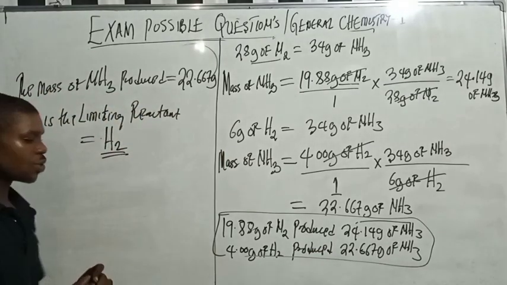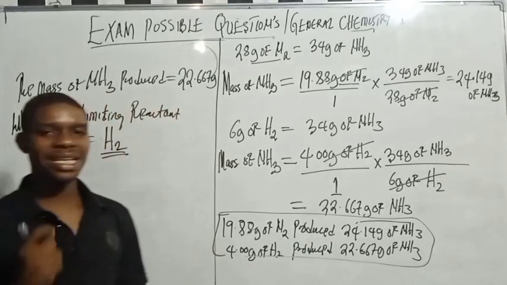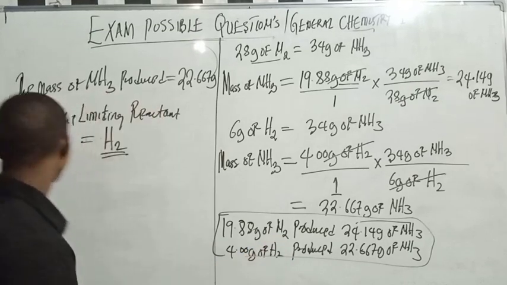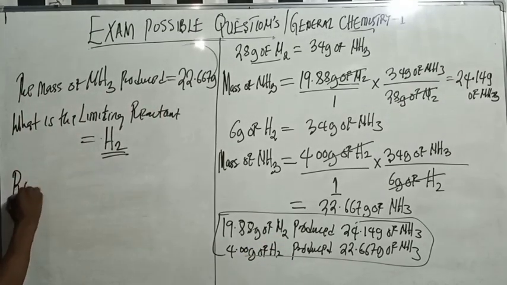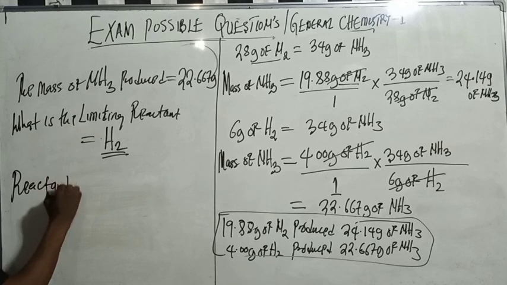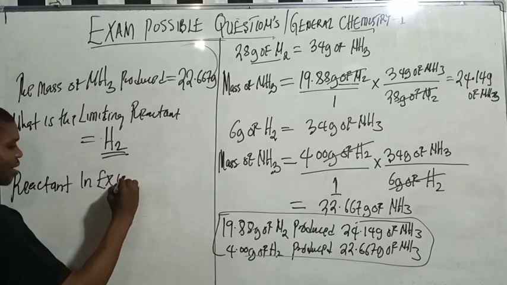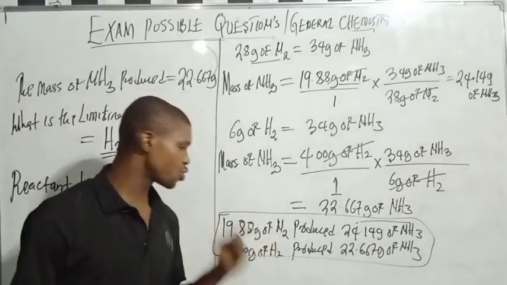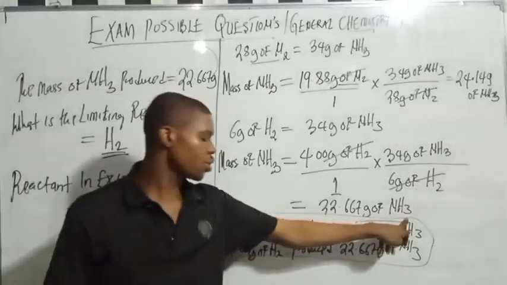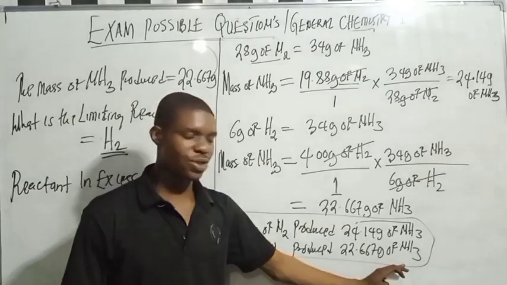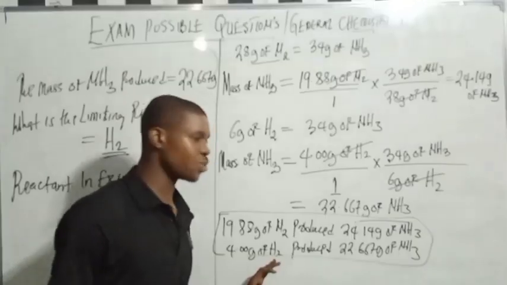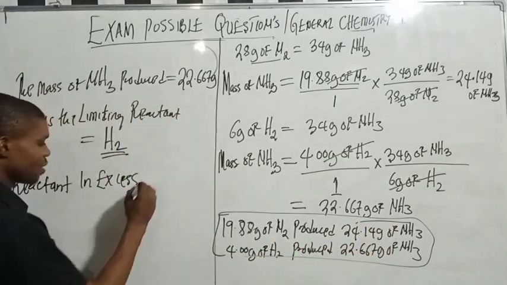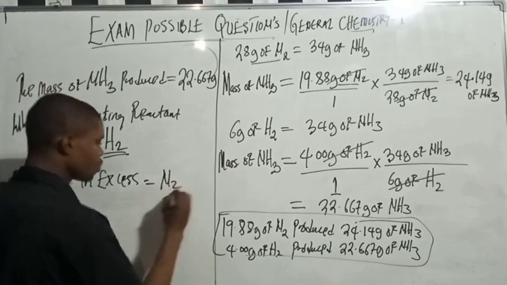Then the reactant in excess is the one that will produce the highest amount of the product. So N2 produces the highest amount of the product, H2 produces the lowest amount of the product. The one that produces the lowest amount of the product is the limiting reactant, while the one that produces the highest amount of the product is the reactant in excess, which is N2.